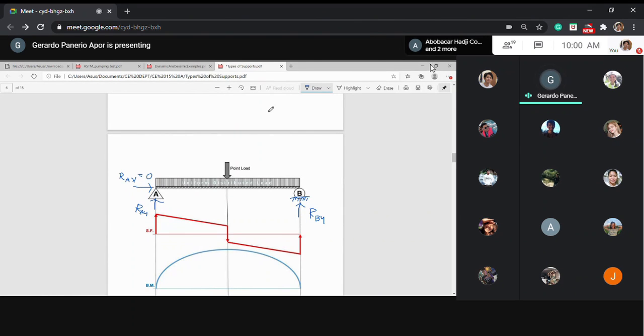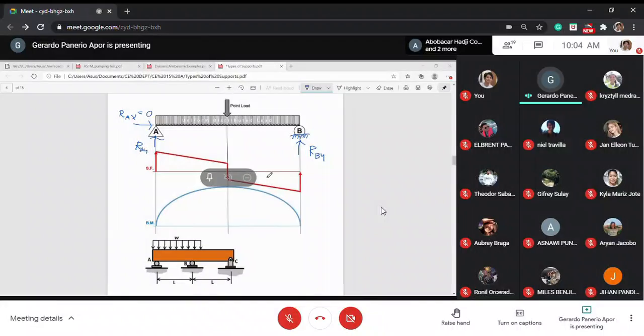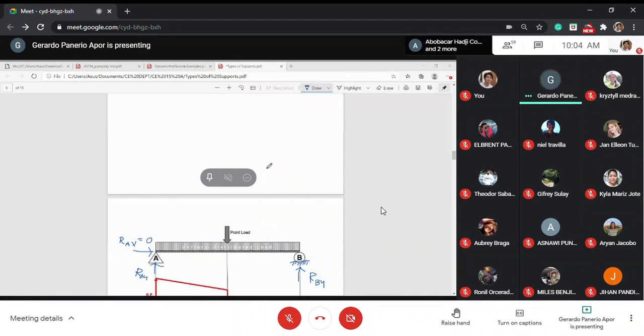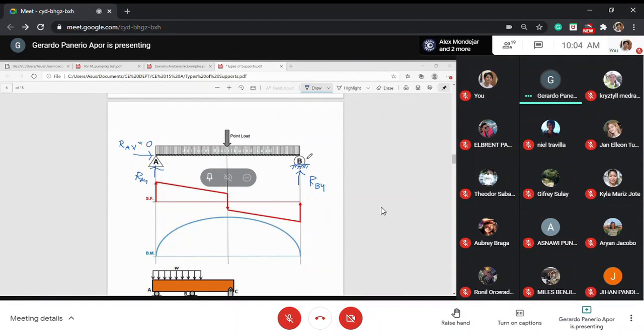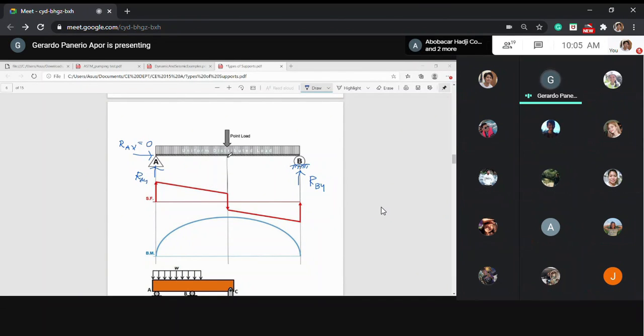Okay. But I need to see it personally. I think we actually need to determine the type of support to complete our load diagram. This diagram has a load, a point load and a uniformly distributed load on the beam, and then the type of support.